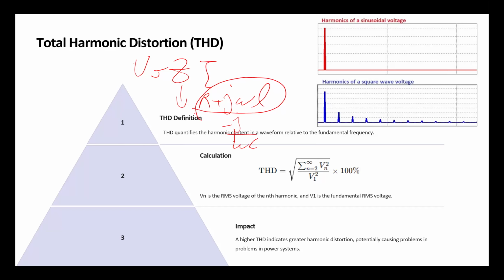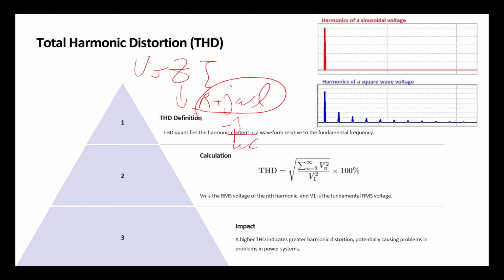So this is how we could define or calculate harmonic distortion in our system. The image tries to represent the difference in harmonic distortion. You see, a sinusoidal only has the fundamental frequency. If you do the Fourier series, the FFT of our voltage, and it's sinusoidal, we only have one frequency.